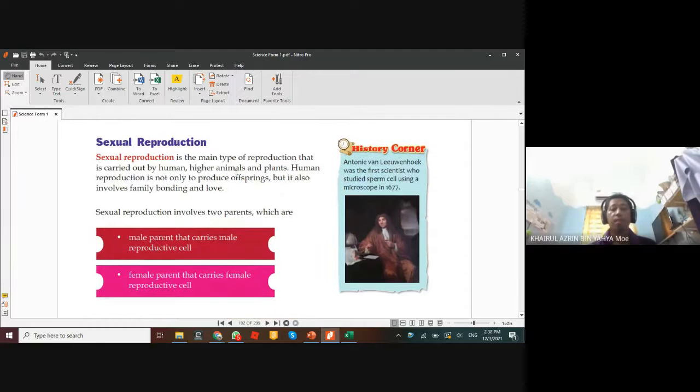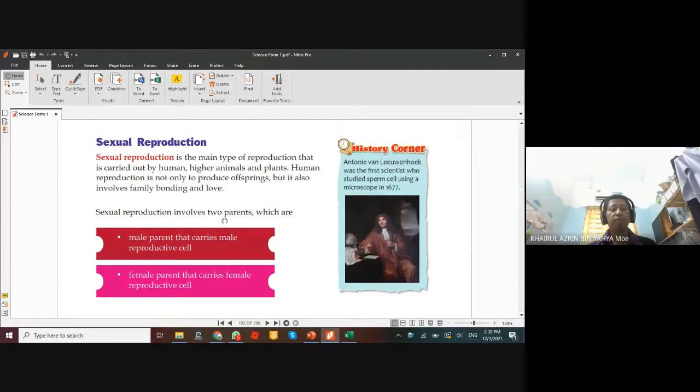So, sexual reproduction is the main type of reproduction that is carried out by humans, higher animals, and plants. Human reproduction is not only to produce offspring, but it also involves family bonding and love. Offspring, that is like children.